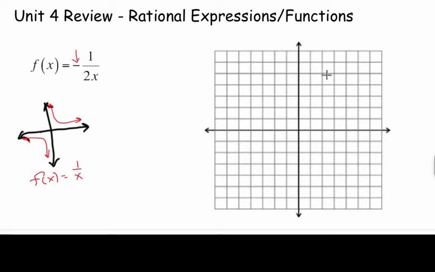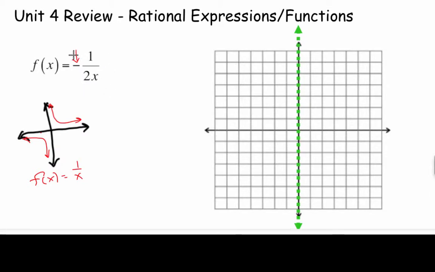So x is not allowed to be 0, so where x would be 0, I'm going to draw a line, in theory. Alright, right there is where it's not going to happen. I'm not going to have any value because I'm not allowed to have a 0 in the denominator. That's going to be my vertical asymptote.